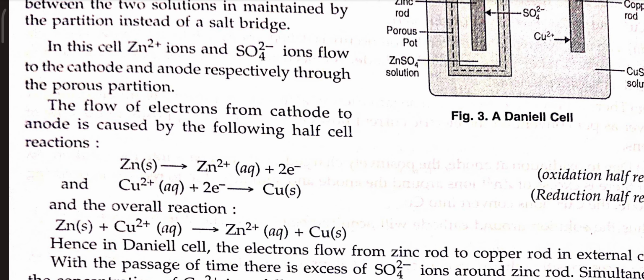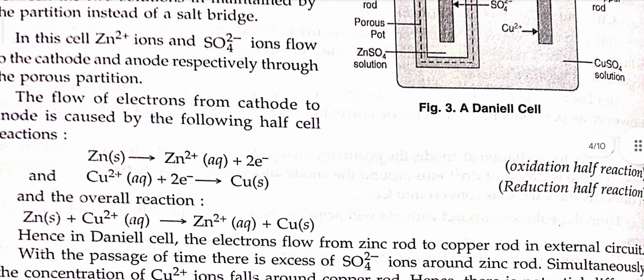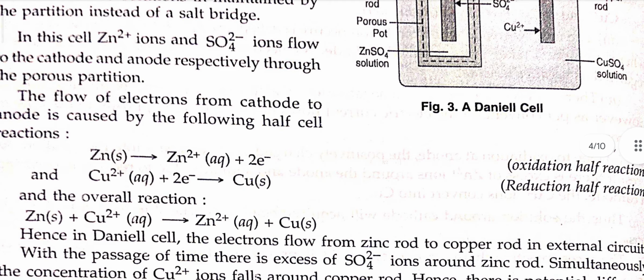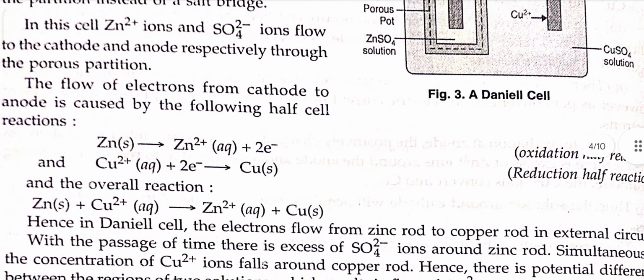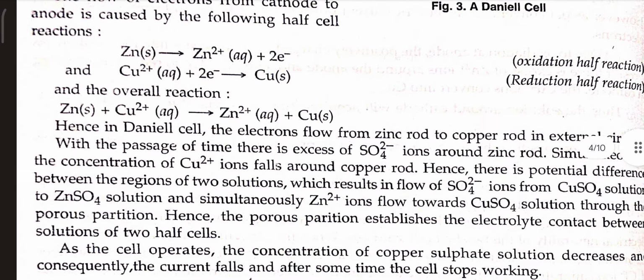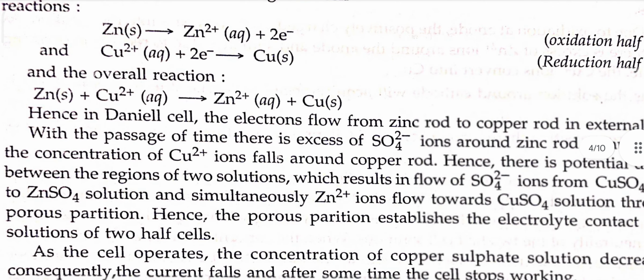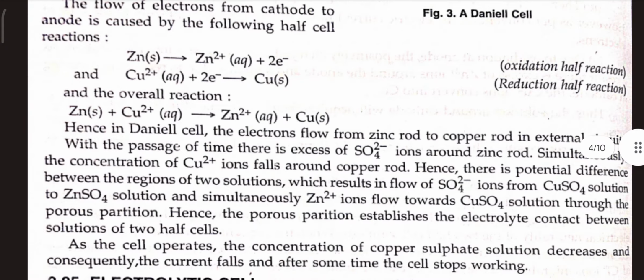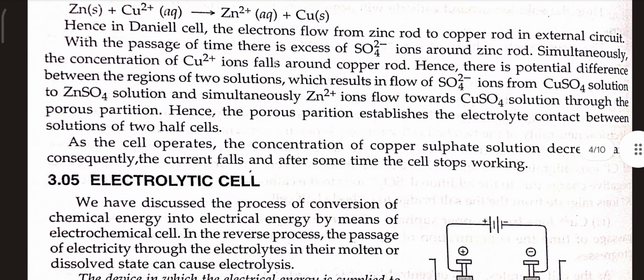Zn gives Zn2+ plus 2 electrons, oxidation half reaction, and Cu2+ plus 2 electrons gives Cu, reduction half reaction, and the overall reaction: Zn plus Cu2+ gives Zn2+ plus Cu. Hence, in the Daniell cell, the electrons flow from the zinc rod to the copper rod in the external circuit.